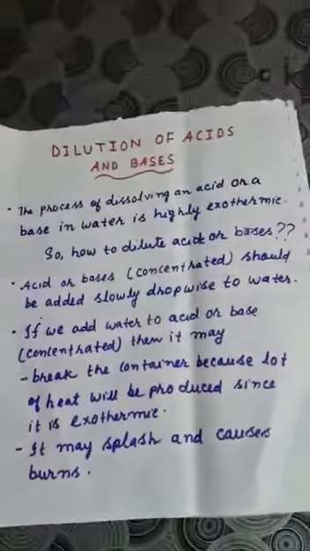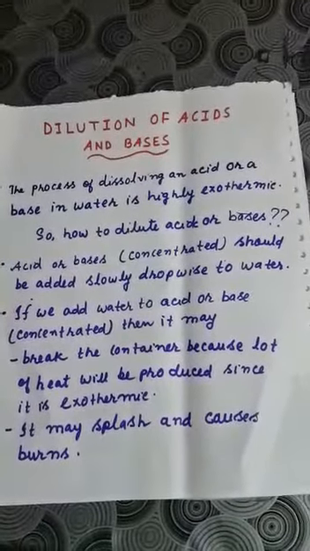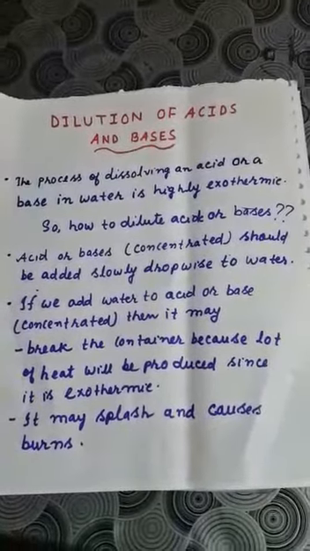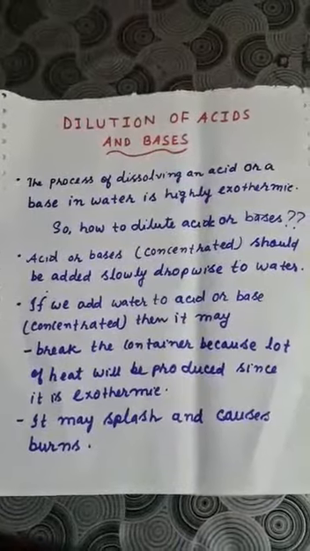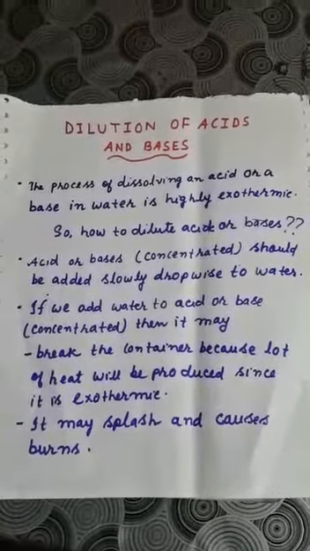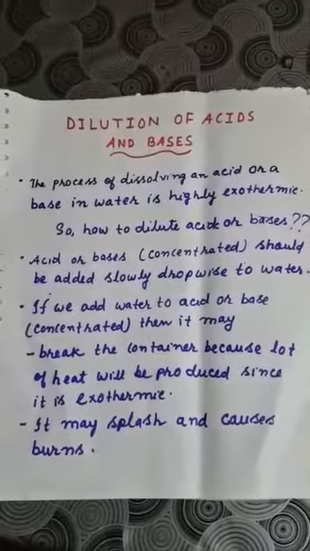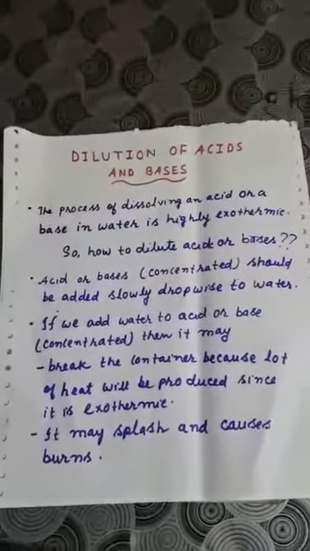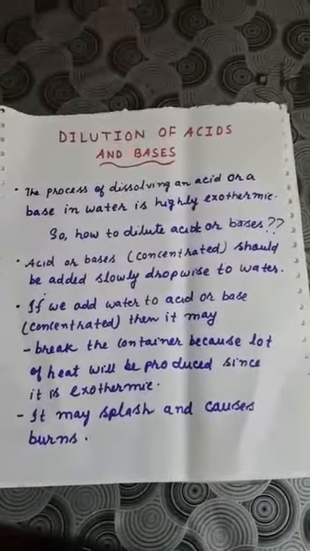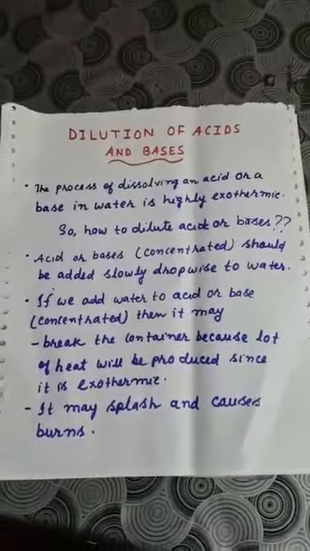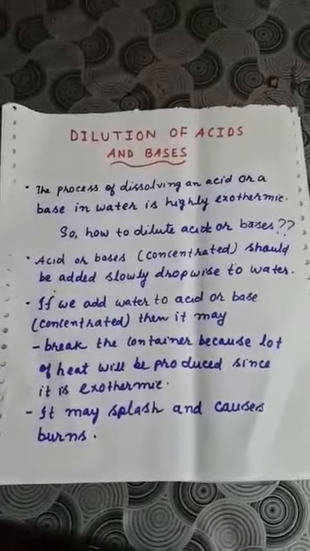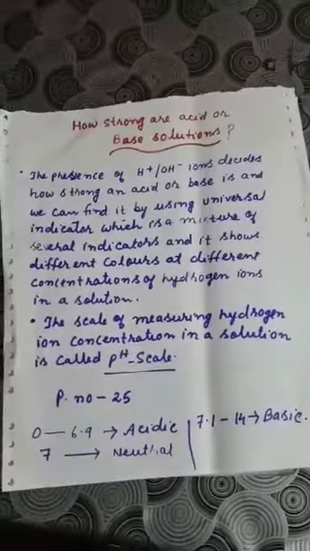Am I clear? So what do you mean by concentrated acid? Concentrated acid means in that acid the amount of hydrogen ion present will be more. And if the amount of hydrogen ion present is less in an equal amount of acid, then it will be considered as dilute acid.